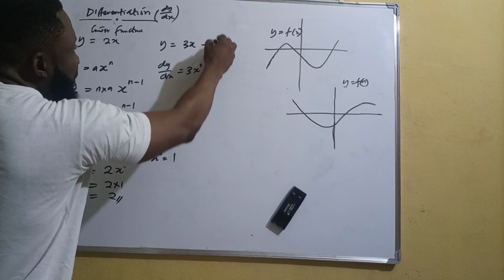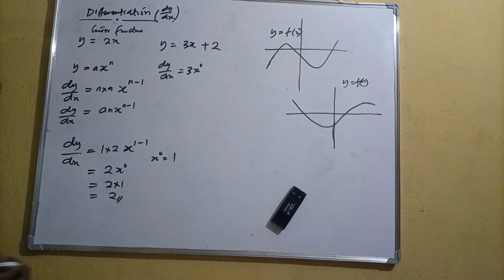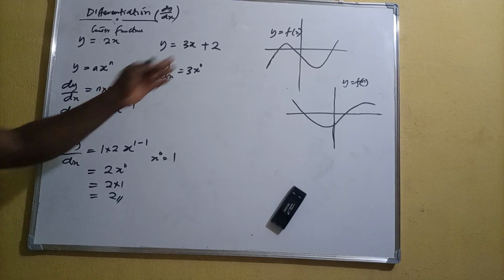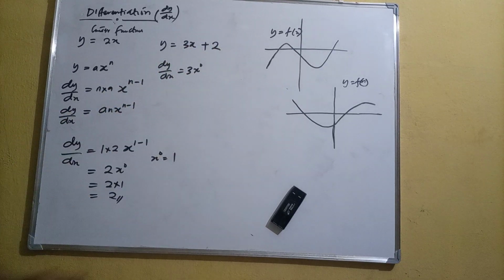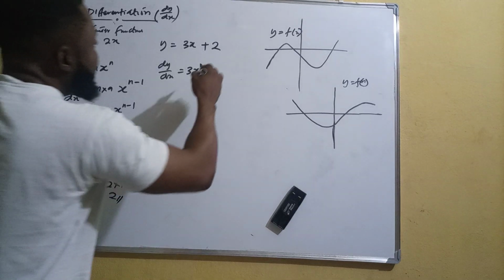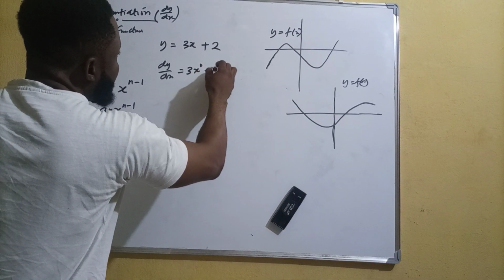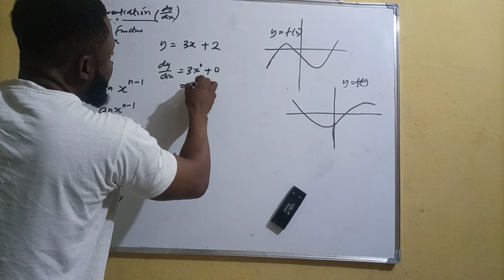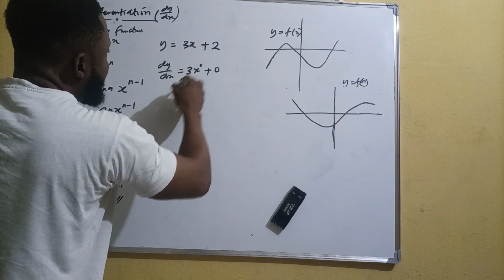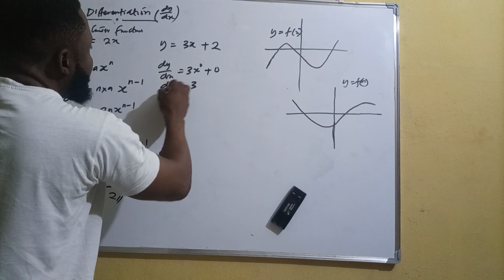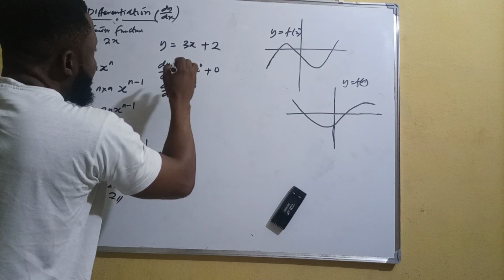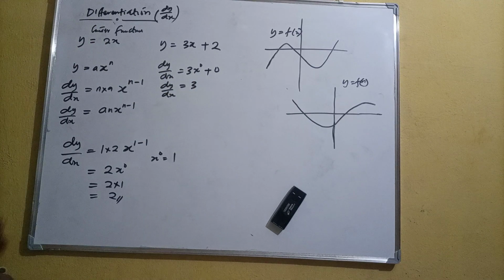When you differentiate a constant, which is the one that has nothing to do with the variable, if you look at 2, 2 is a constant, the result is 0. So this is going to give me plus 0, and this will give me 3, because x raised to power 0 is 1. So dy/dx of this function is going to be 3.